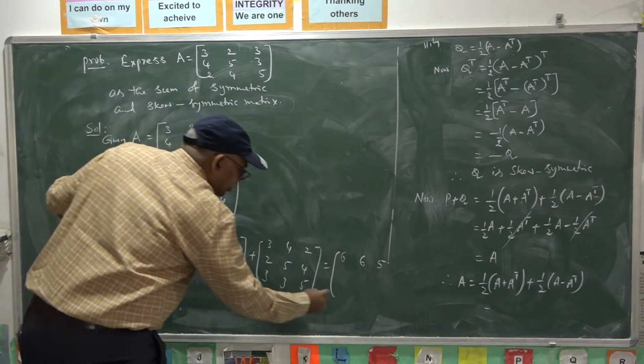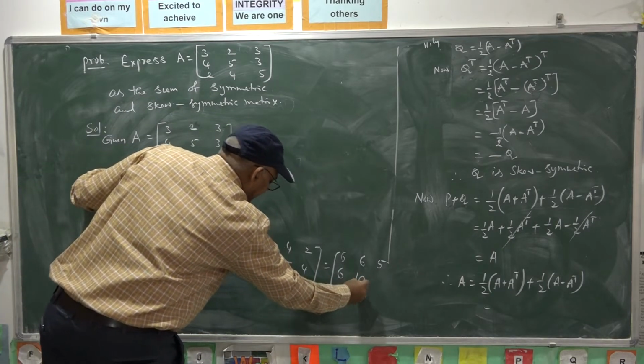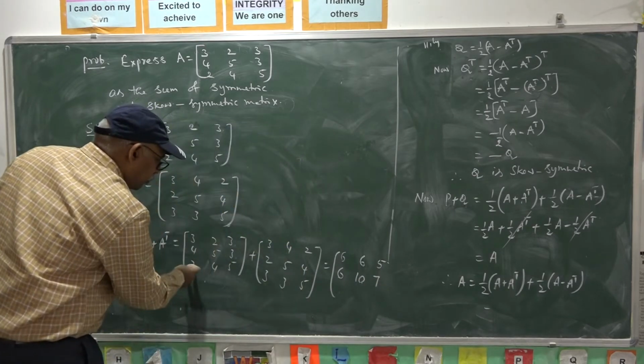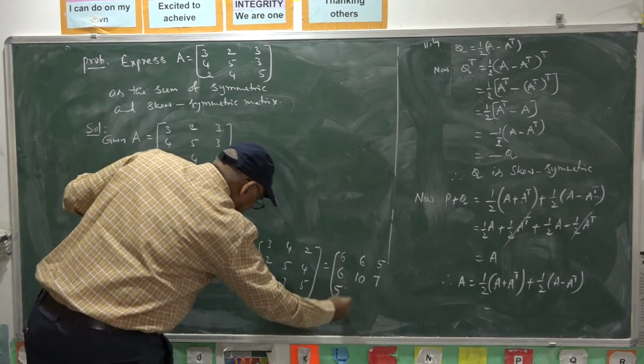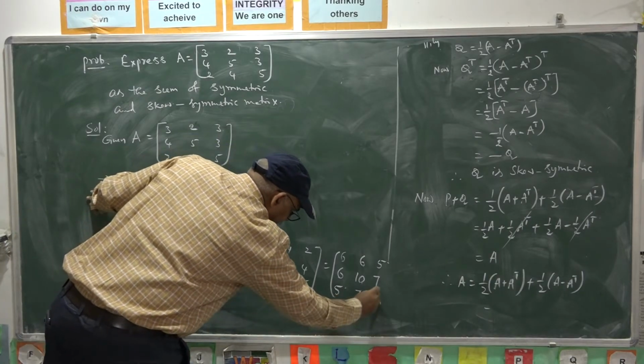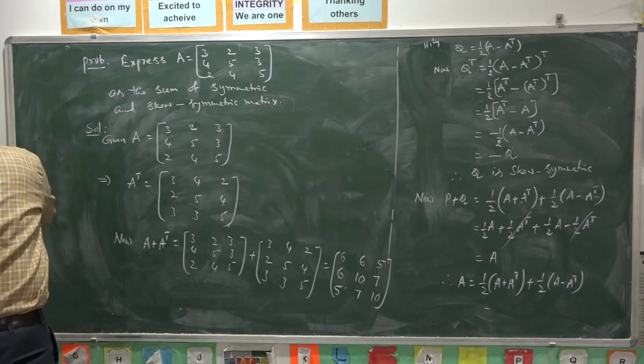And 4 plus 2, 6. 5 plus 5, 10. And 3 plus 4, 7. 2 plus 3, 5. 4 plus 3, 7. And 5 plus 5, 10. This is our A plus A transpose.